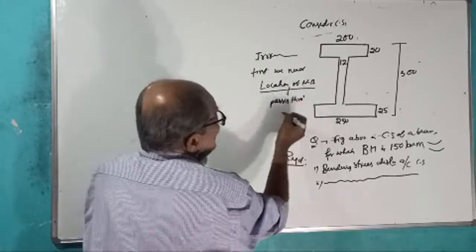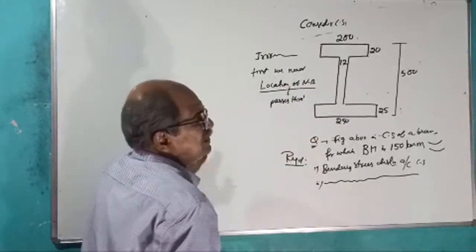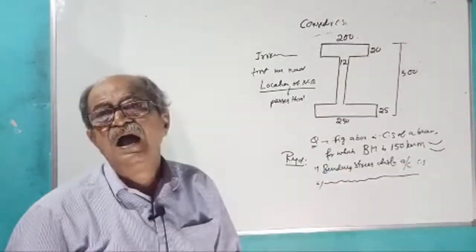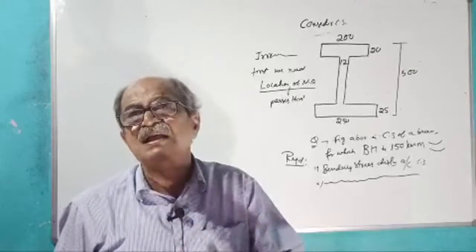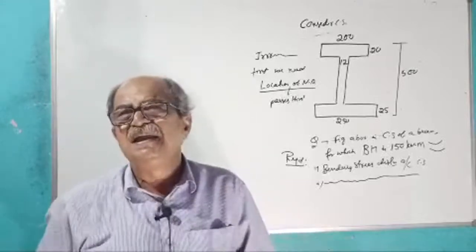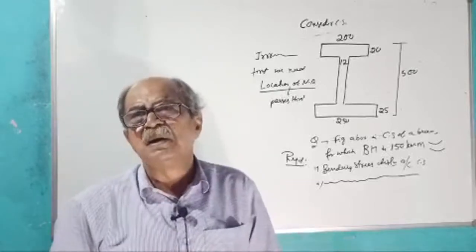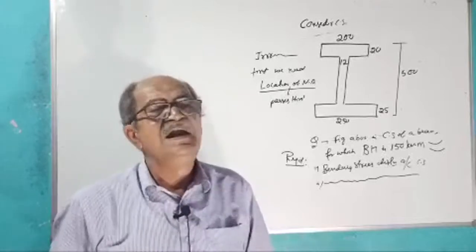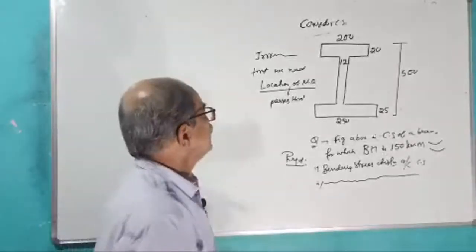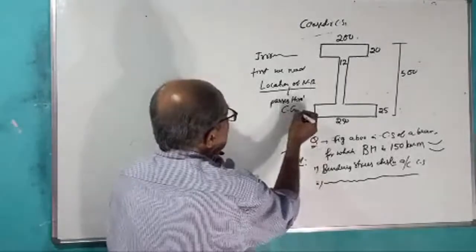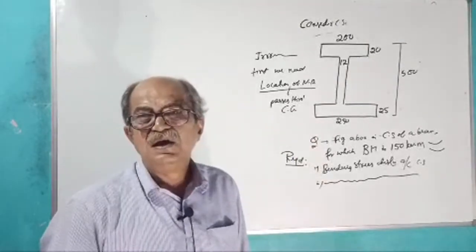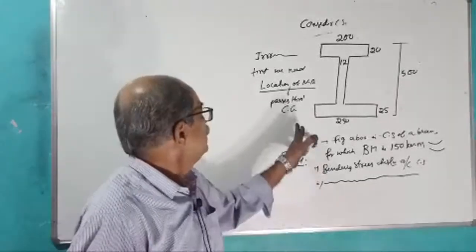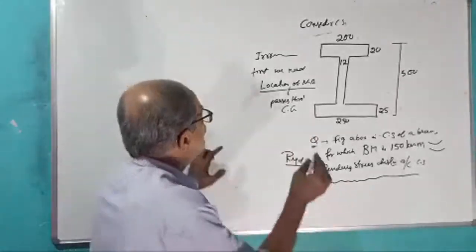Actually not CG, centroid, but I told you plane area, lamina, it is called centroid. Center of gravity is for volume. But in India everywhere, only some countries they use centroid. In India we are used to call it center of gravity. Somebody will comment, CG is not for area, it is for weight. I know it. Do you think I am not knowing? But use CG. Say now through CG.